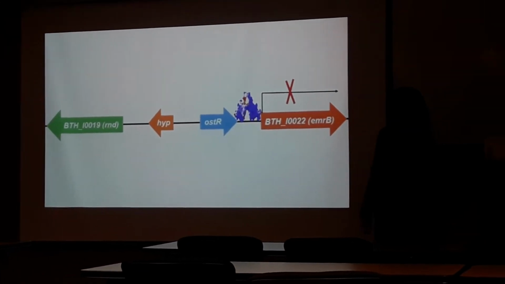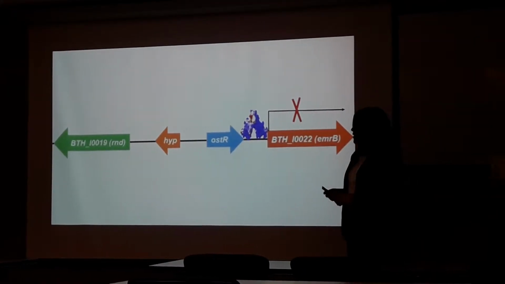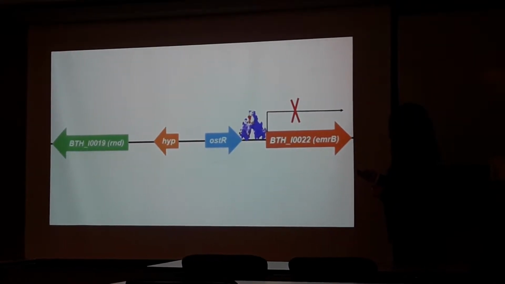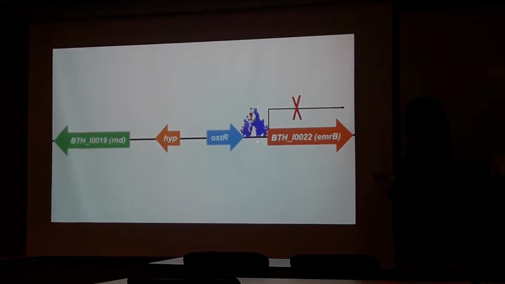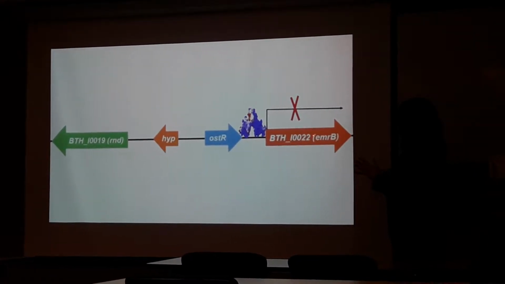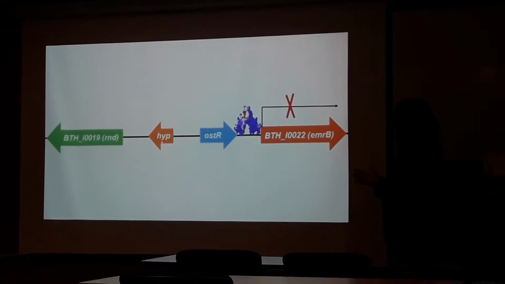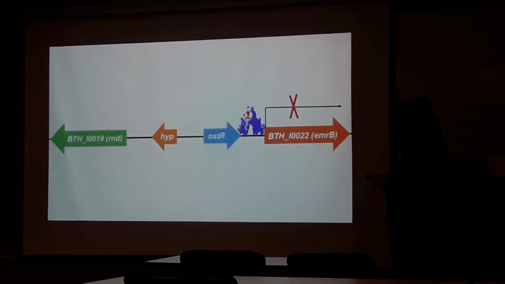You may remember that this OSTR is located on a genomic locus where two other genes are also there. And we already know that OSTR is regulating EMRB expression by binding to the promoter sequence and thus repressing its transcription, right? So what's going on with this HIP, encoding a hypothetical protein, and RND, which is encoding an RND efflux pump?